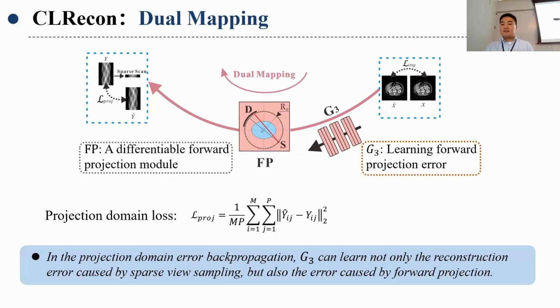Due to the existence of simulation pairing data, they use the forward projection data and the full view projection to construct the projection domain loss, hoping to get better learning performance.